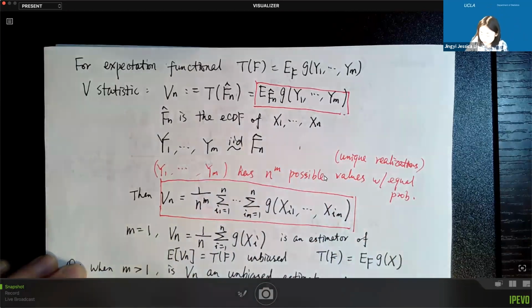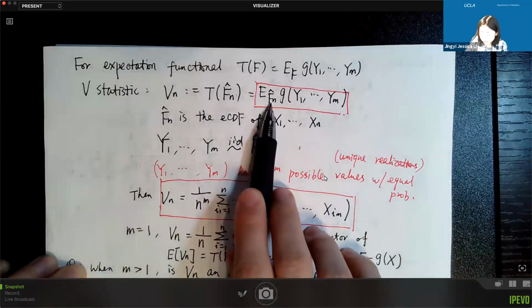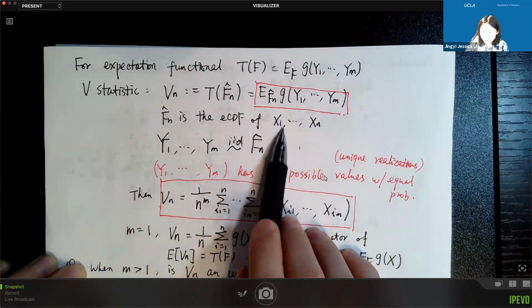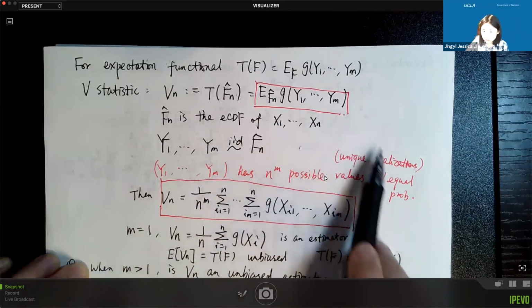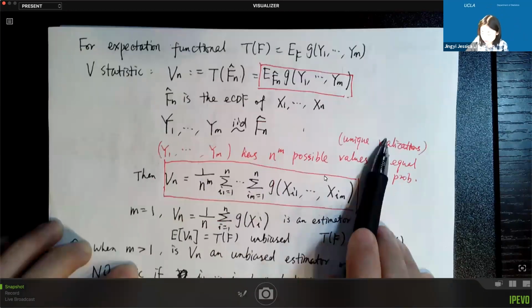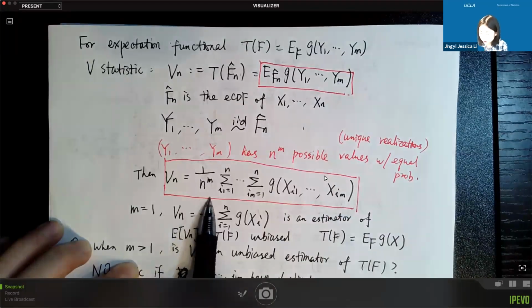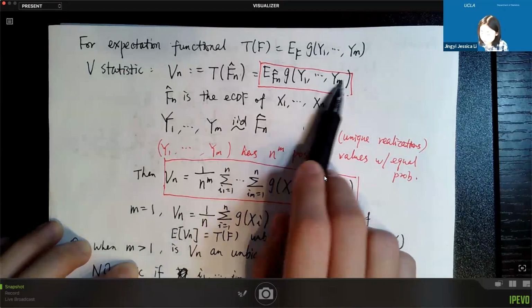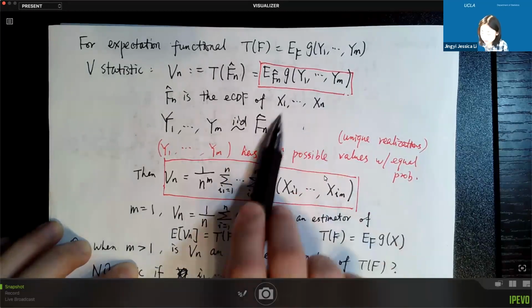Given that F_n hat is defined as a discrete distribution with point probability mass 1 over n at each of x1 to xn, we can further expand this definition. That is, y1 to ym are just IID randomly sampled from x1 to xn.